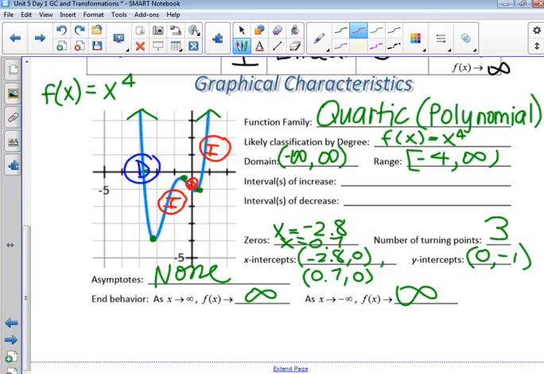I would say -2.1. Do you see how it's not exactly on -2 right there? So do -2.1. If it's not exact, try to stay away from being exact. Any questions on the x value there? Everyone good? What about my next x value? What's this one?